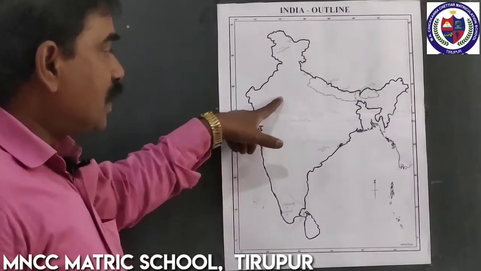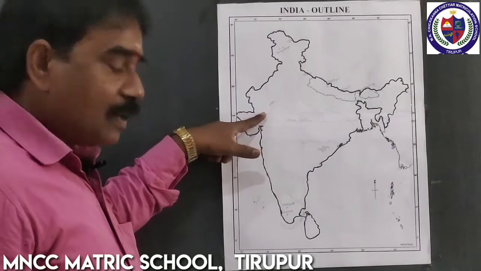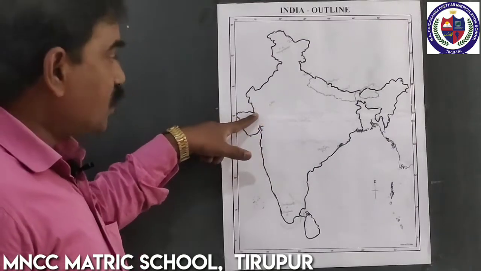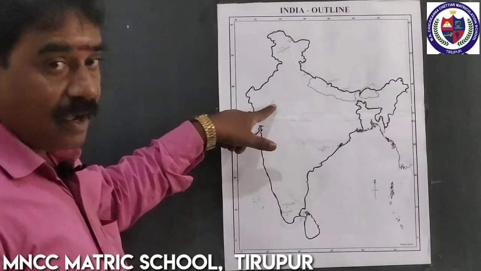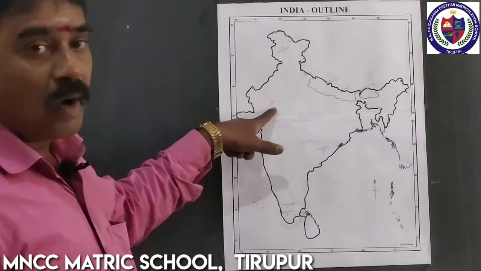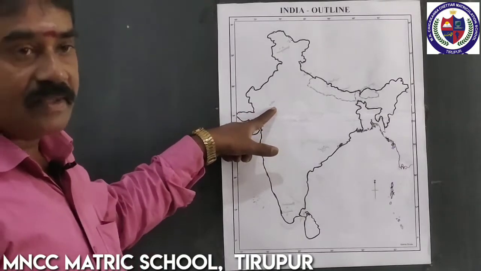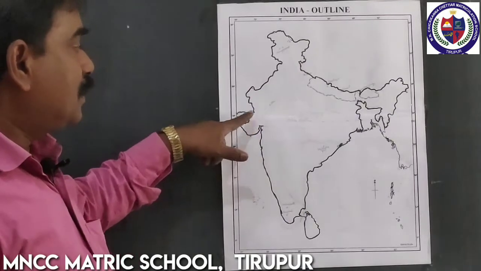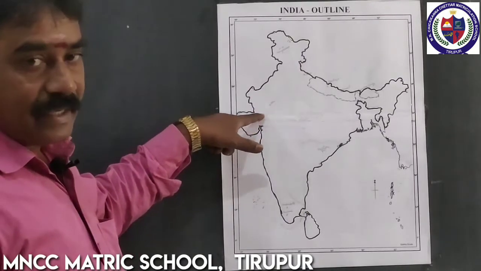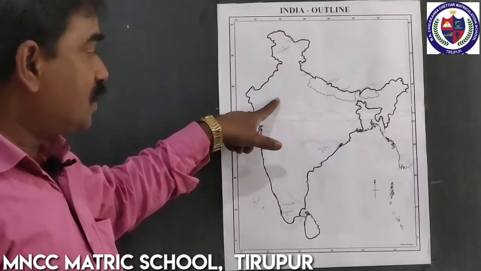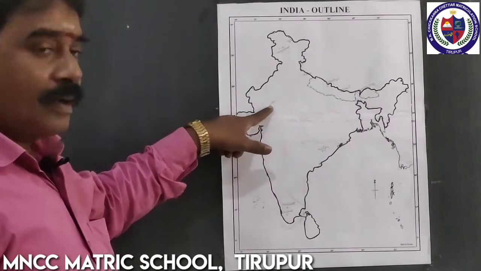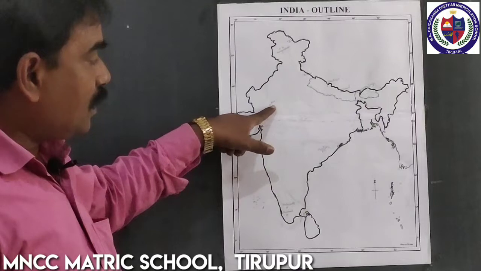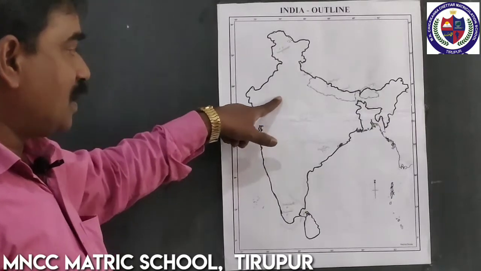What I told, this is Aravalli range of mountain. The highest peak in Aravalli range is Mount Abu, otherwise called Guru Shikhar.